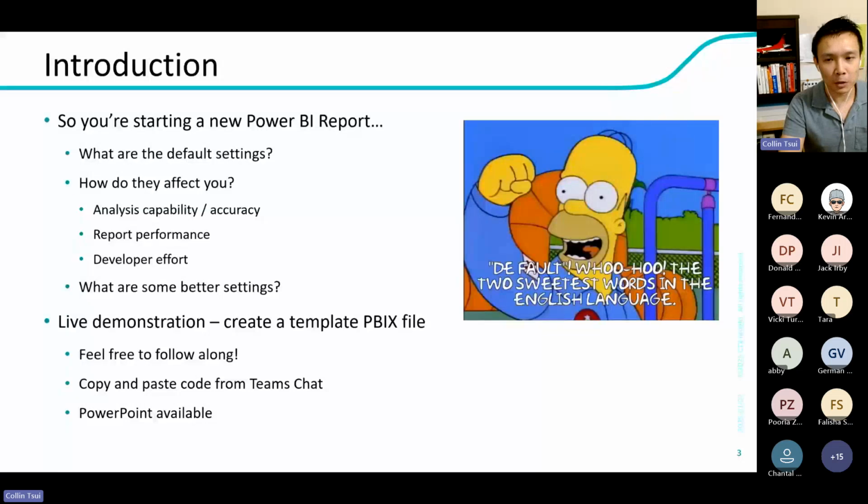Some of those default settings are made for single table reports or two table reports, things that are relatively simple. And as soon as you add more complexity to it, add more tables, add more dimensions, add more fact tables, it begins to be a real effort for yourself as a developer to make changes and to understand what's really going on in the report itself.